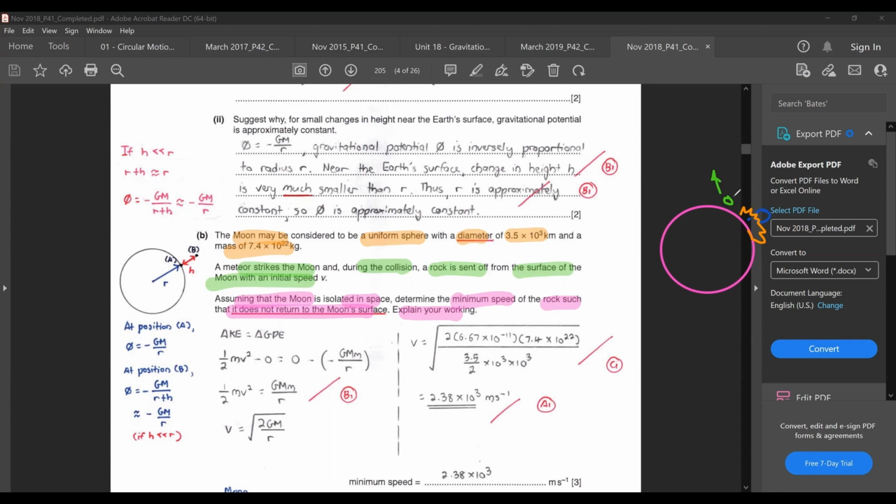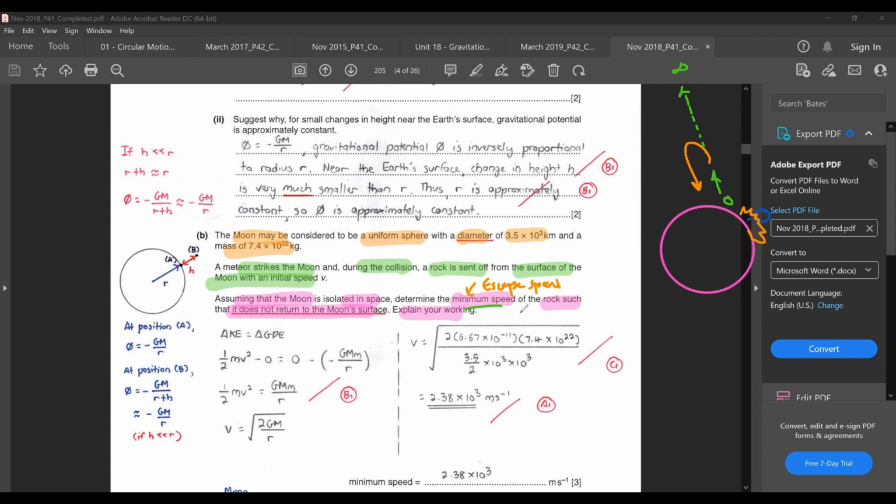Now they want you to find out what was the minimum speed of the rock so that this rock can just keep on flying off to infinity and not return back to the surface of the moon due to its gravitational pull. So this one is talking about escape speed. They want the escape speed here.